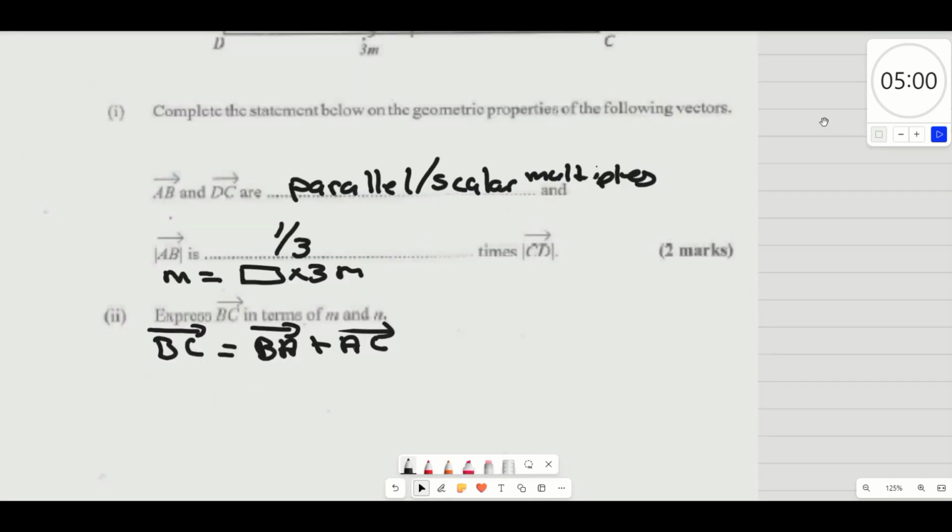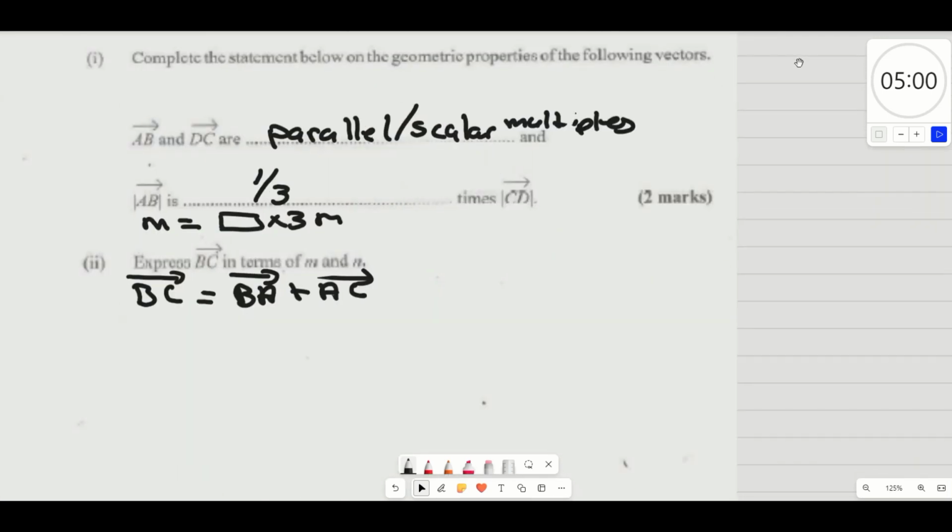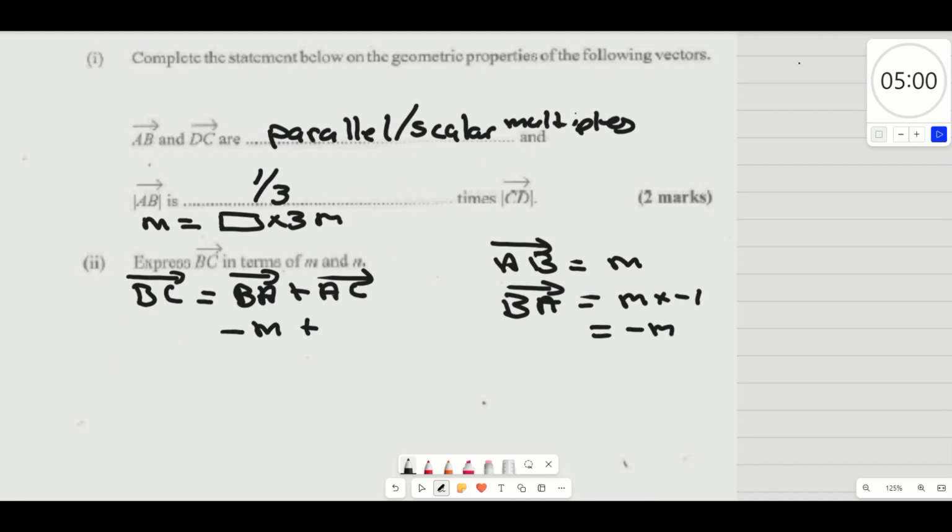Right now, what is BA? We know what AB is. If AB is equal to m, we're going in this direction; for BA we're going in the opposite direction. You simply multiply this m by minus 1. So it's minus m plus AC.